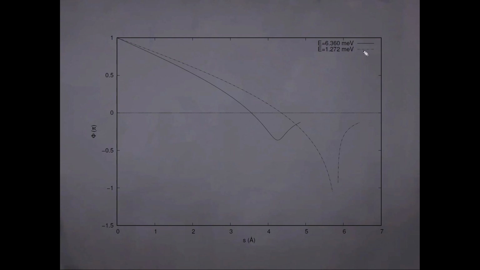The dashed line corresponds to a smaller value of the energy, and the behavior is qualitatively quite similar, except for the fact that we no longer find a minimum in the deflection angle, but rather there is a value of the impact parameter for which the deflection angle is singular.